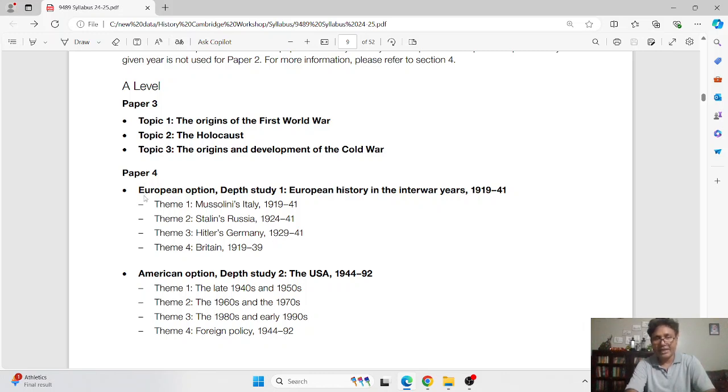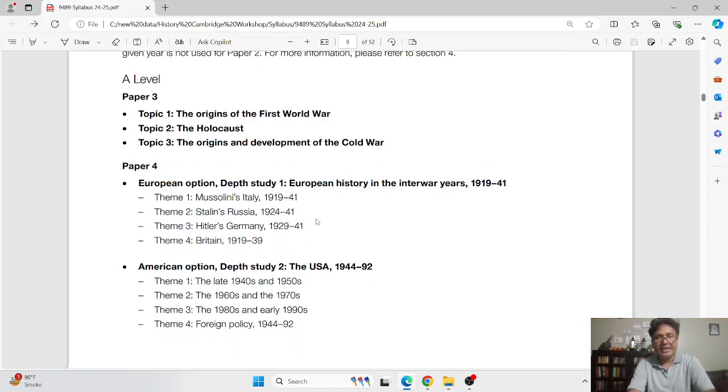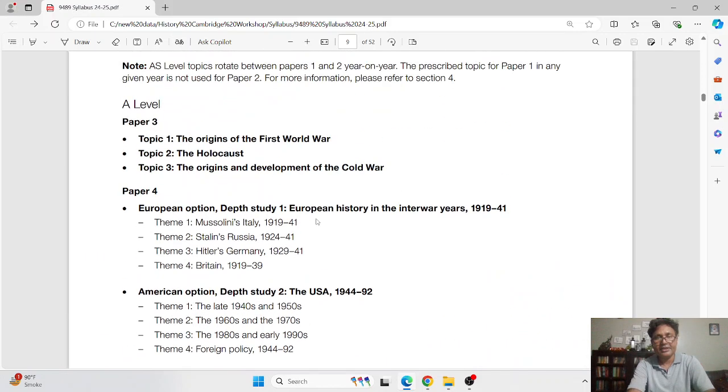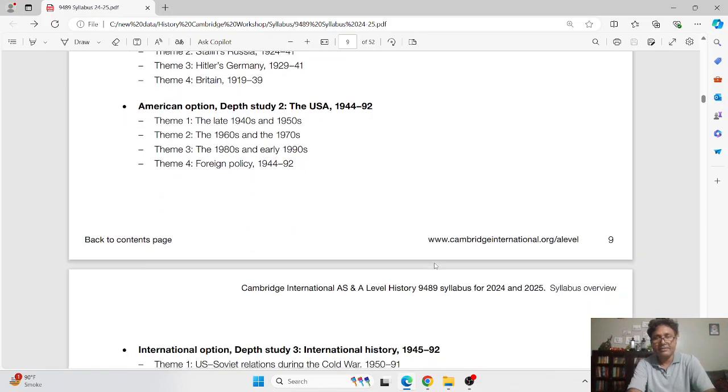Paper 4 has three major options, and a candidate is supposed to study any one of these three major options. Every option has four topics or subtopics, Theme 1, 2, 3 and 4. A candidate can study any two themes in order to do Paper 4. So that was very simple.